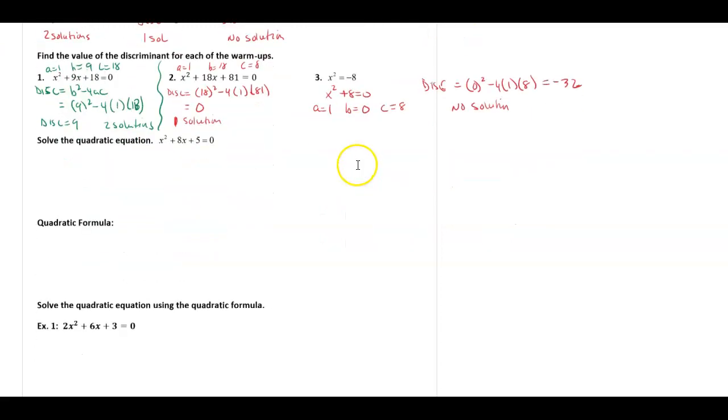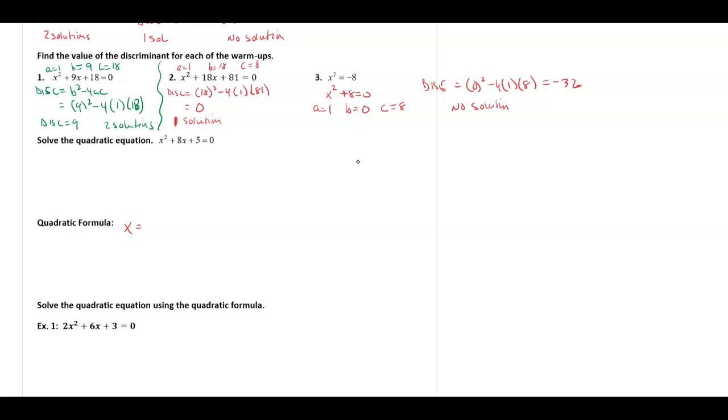So the next example says solve the quadratic equation. If you look, you'll notice that this is not factorable. You could complete the square on it to solve it, but we're going to talk about another process that's much easier, and that's called the quadratic formula.